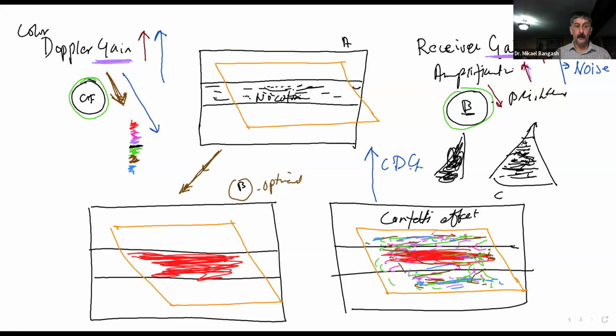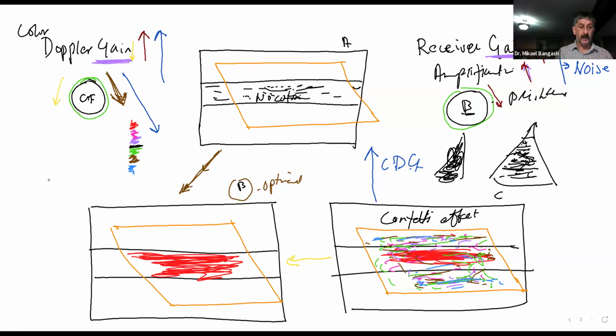So if this is what you see to begin with, what would be a good idea to do? A good thing to do would be to decrease your color Doppler gain, and that may take you from here to here.